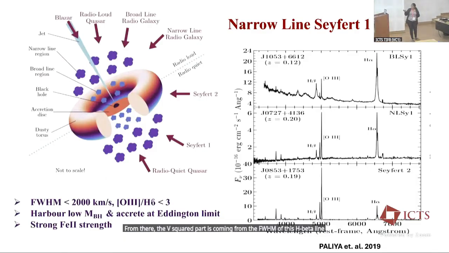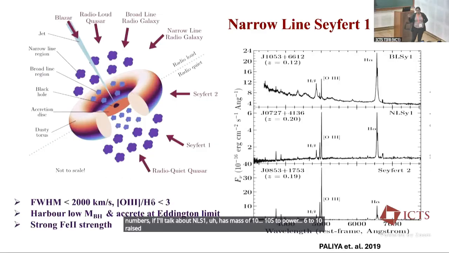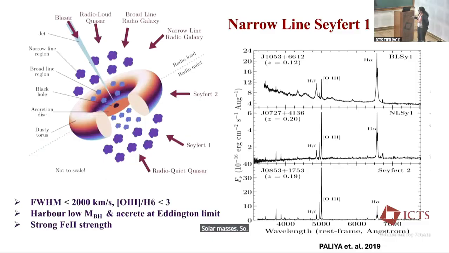Since NLS1 has a smaller FWHM, lower than 2000 km per second, they get low mass black holes compared to BLS1. In numbers, NLS1 has a mass of 10 raised to power 6 to 10 raised to power 7 or up to 8 solar masses, but BLS1 can go up to 7 to 9 solar masses. So this property of low mass black holes has been questioned a lot.